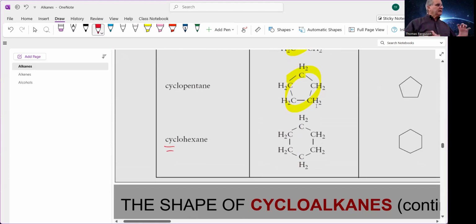A 6-membered ring is the most stable. So in nature, you'll see a lot of 6-membered rings. Glucose, for example, is a 6-membered ring. Fructose is a 5-membered ring. Not as stable as glucose, but it's still fairly stable.